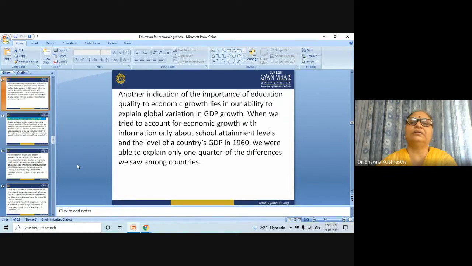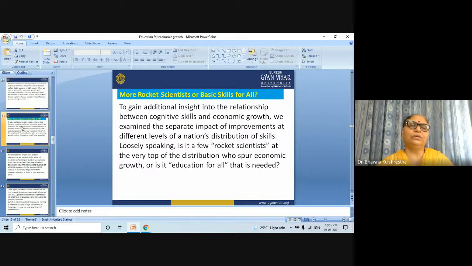And next, rocket scientists or basic skills for all?